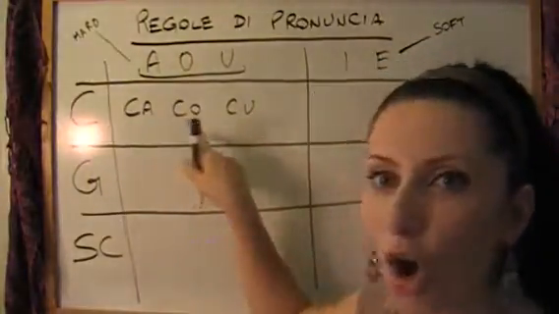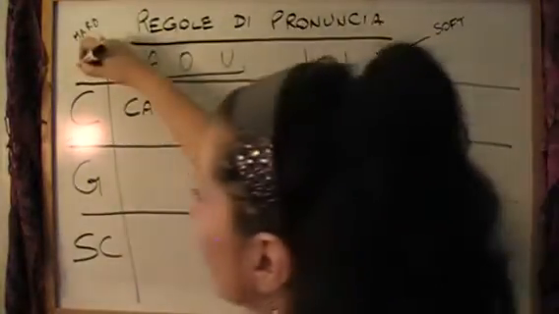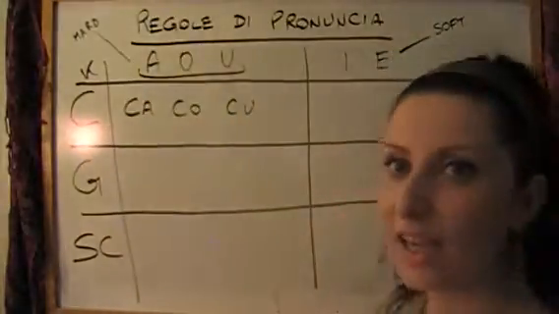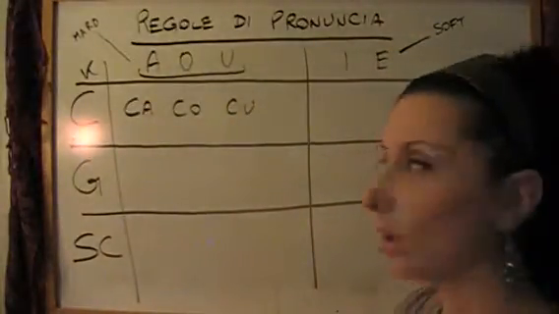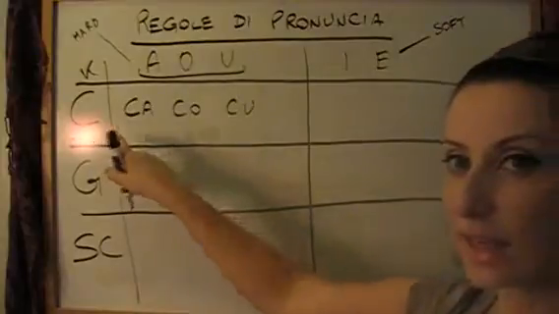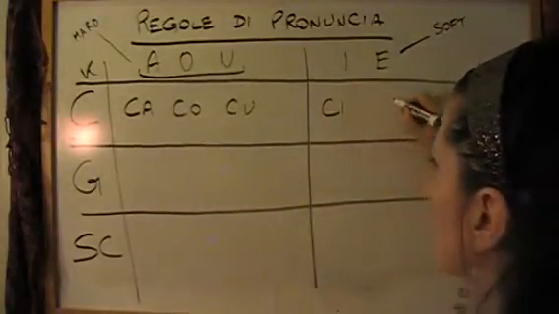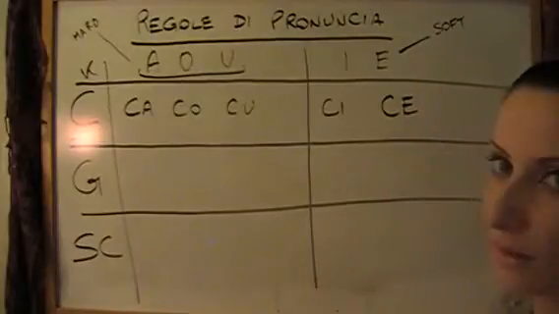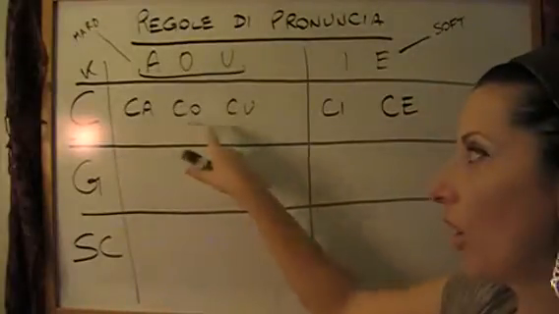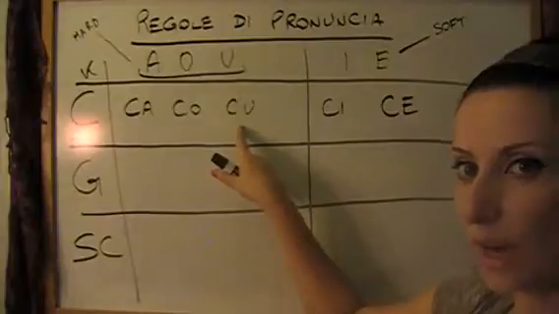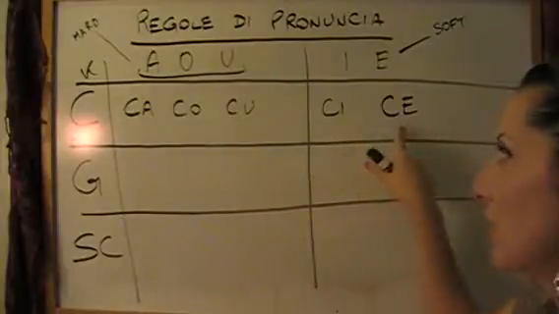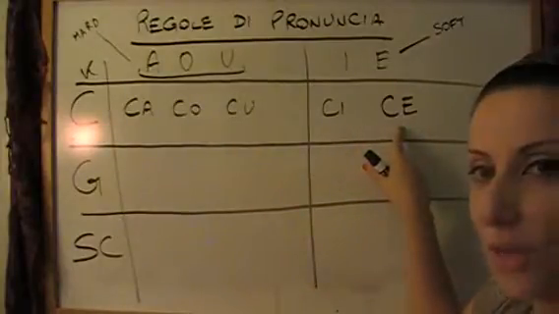Ka, ko, ku. It's like a K, hard. If instead you have this letter in front of a soft vowel, you have chi and che. Ka, ko, ku: hard vowel, hard sound. Chi, che: soft vowel, soft sound.